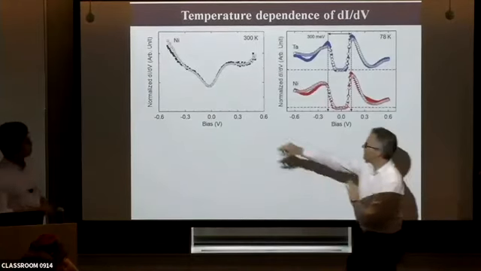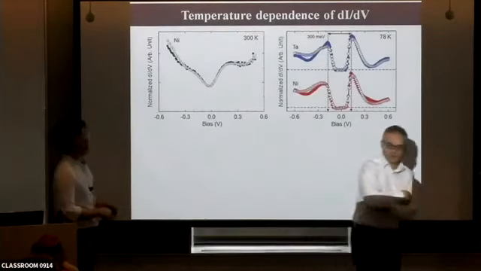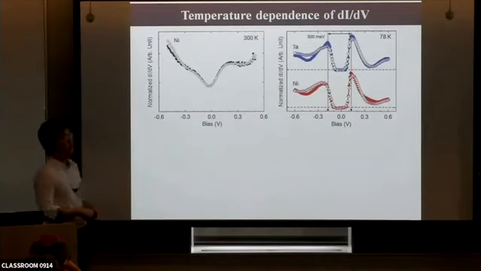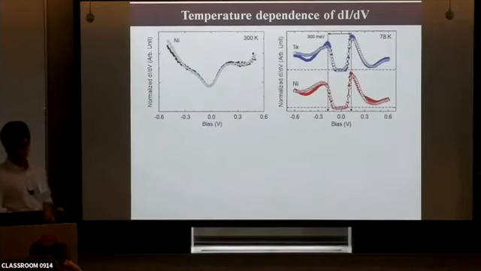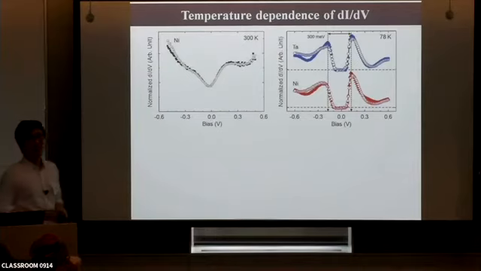I think what you're mentioning is that there is a finite value, which is high, for the zero bias, which is inconsistent with the. Yeah, that's very big. That's what you are saying, no? Yes. And so therefore, I want to see the data between 300 Kelvin and 78 Kelvin, if you have.